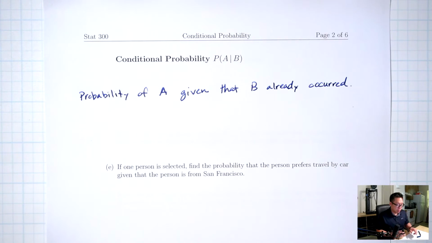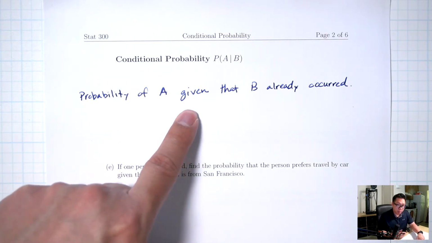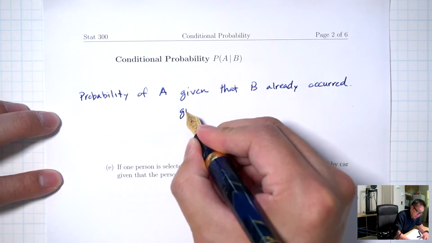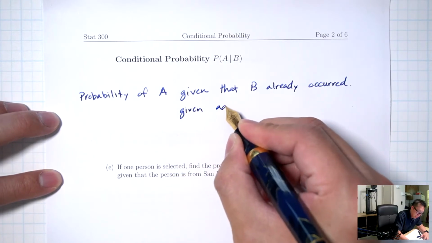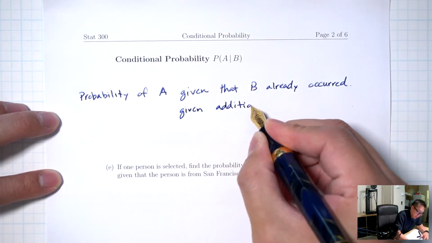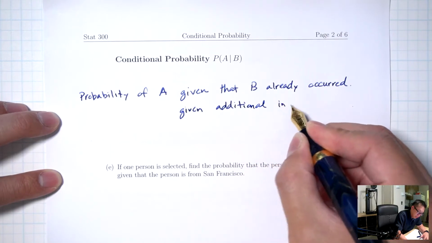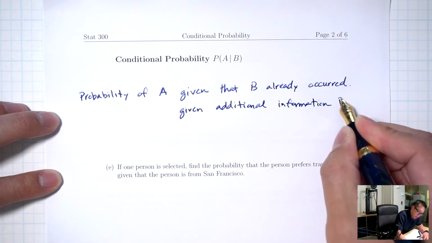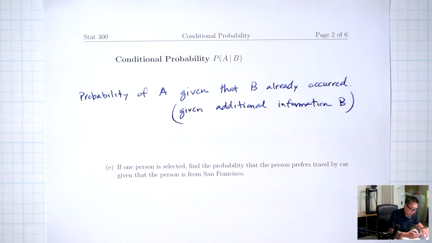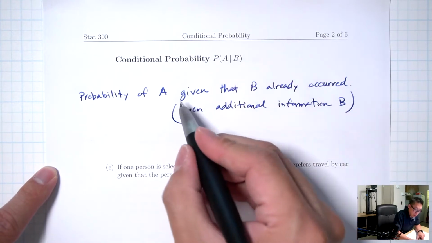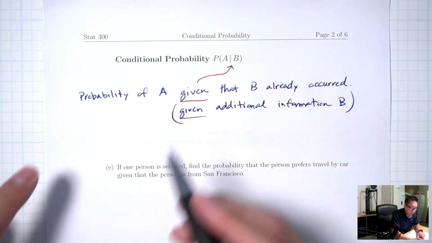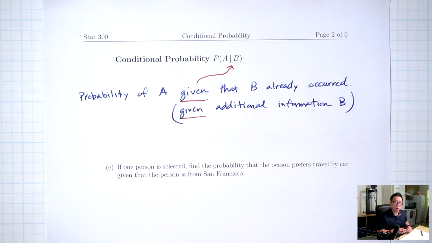Another way you can read this is probability of A given that we have additional information B. Once again, this vertical line stands for the word given. And that's the key word you'll be looking for.